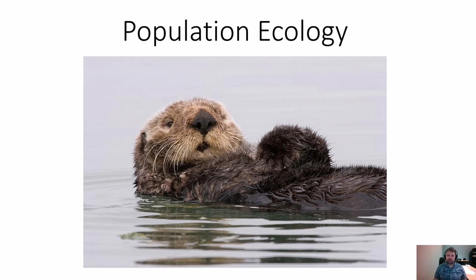Okay, so the first topic that I want to discuss is keystone species. We'll get into what makes a keystone species, but we talked about it before. The term comes from architecture or bridge building.